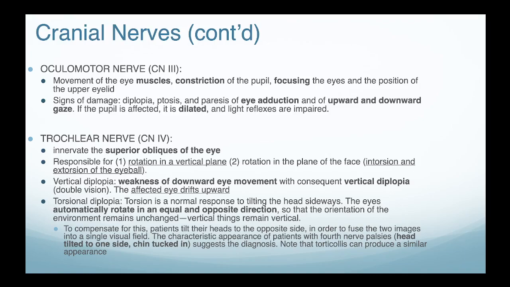Whenever you move your head sideways, it's not like the whole world tilts on its axis. You're actually able to see the world relatively horizontally as it normally is, even though your head's tilting laterally. So that's what the trochlear nerve does.